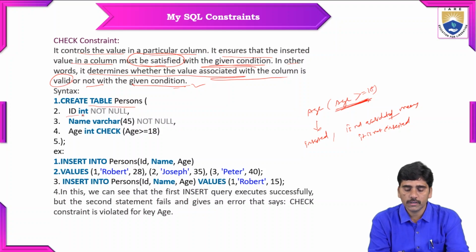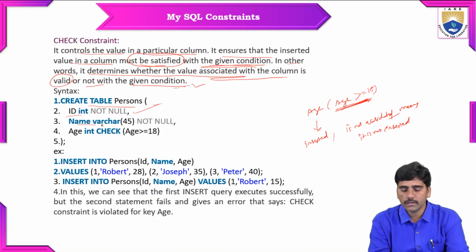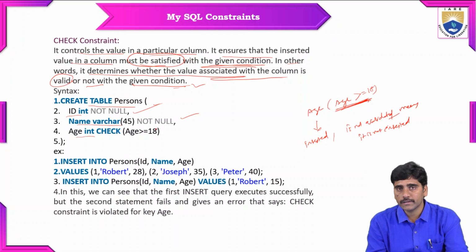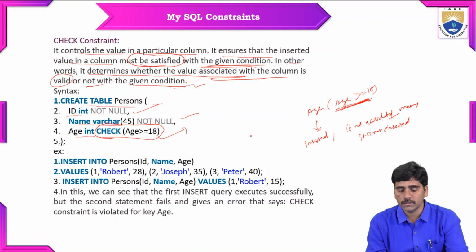See here, for example, create a table persons. ID we are creating with the not null constraint, and name with the not null constraint, and the age data type is int with a check constraint. The condition is age greater than or equal to 18.